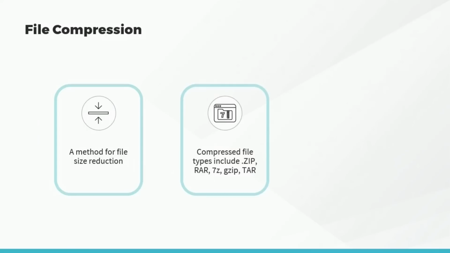Now, there are many applications that can compress files on your disk, each of which will produce a different file type, but common examples include zip, RAR, 7Z, which is also often referenced as 7-zip, which is the name of one of the applications, gzip, and TAR, and the AR in both RAR and TAR typically stands for archive.